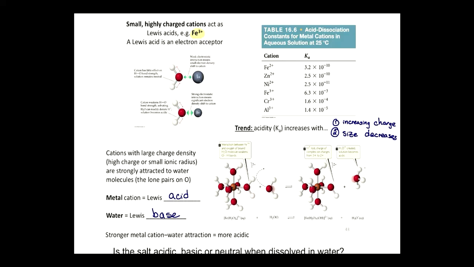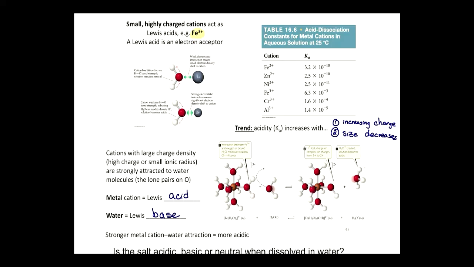If you have a really positive charge localized in one small spot, it's going to attract electrons a lot more. It's going to work better as a Lewis acid. So the trends are that Ka increases, your cation becomes more acidic, if your charge increases, so +1, +2, +3. +3 is going to be the most acidic, but also if you have a really small size. So essentially with these two trends, we're increasing charge density.